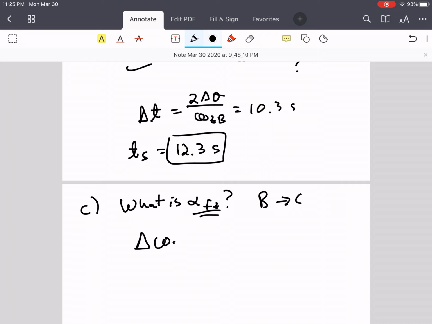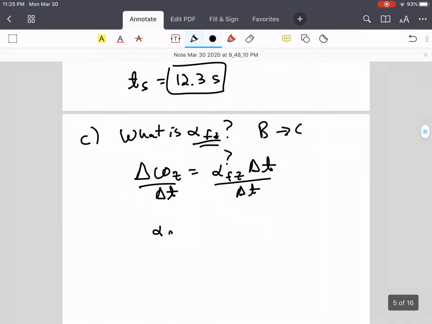I'm going to use delta omega is equal to alpha delta t. I know everything in this formula except for alpha, so I'll solve for alpha by dividing through by delta t, and then I get that alpha final z is negative 8.16 radians per second squared.